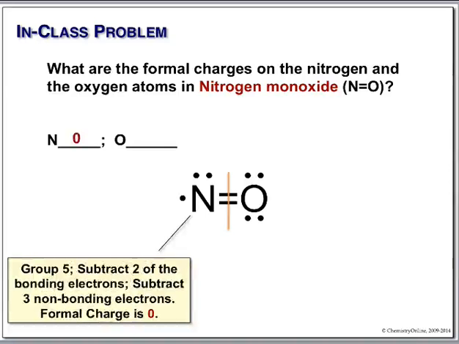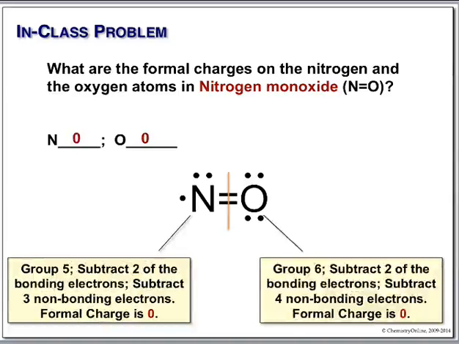For nitrogen, this is group 5, so we should have 5 valence electrons. It has 1, 2, 3, 4, 5, which means it's a 0. For oxygen, group 6, we have 2, 4, 6, which means it is also a 0.